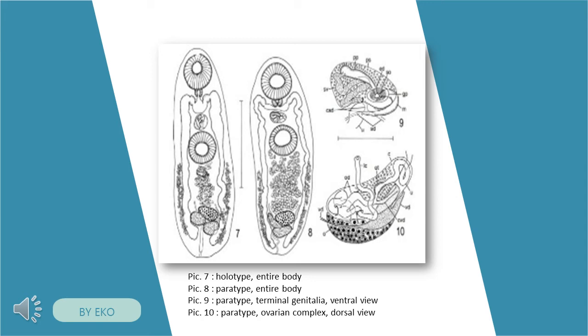CVD, common vitelline duct, ED, ejaculatory duct, GP, genital pore, LC, Laurer's canal, M, metraterm, MG, Mehlis gland, O, ovary, OD, oviduct, OT, ootype, PP, pars prostatica, PS, prostate sac, SD, sperm duct, SO, sinus organ, SV, seminal vesicle, U, uterus, VD, vitelline duct.